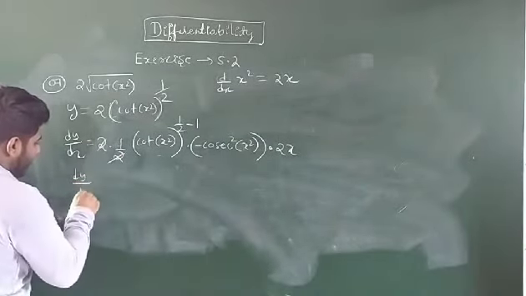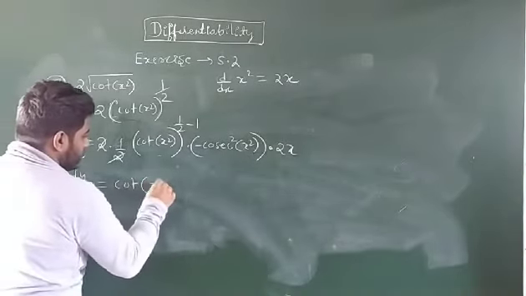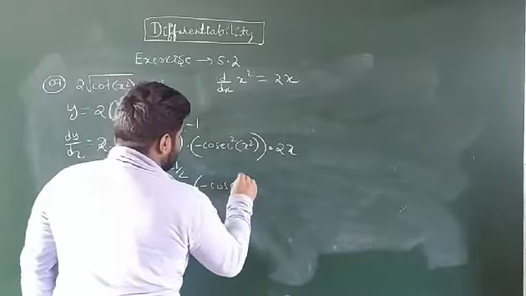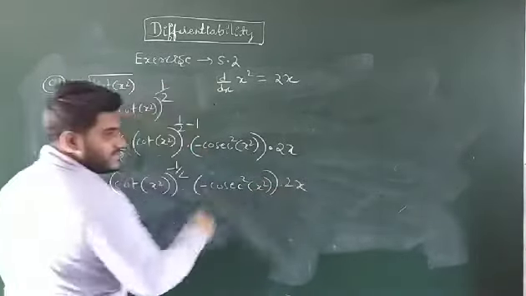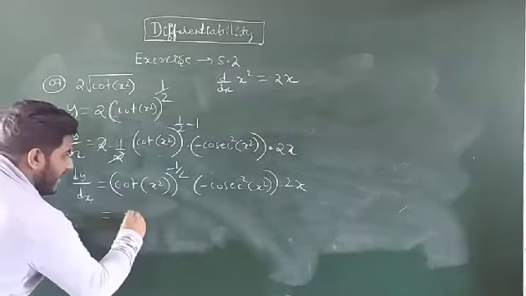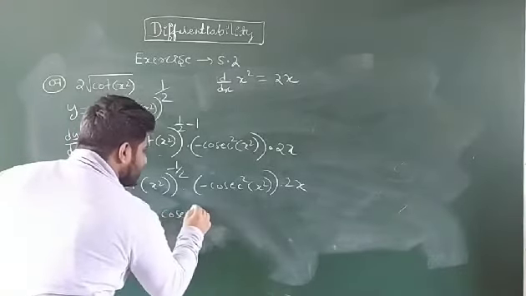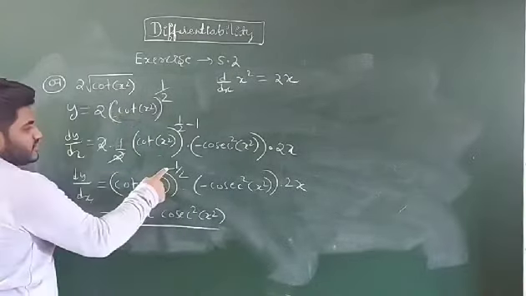So dy by dx equal to cot x square raised to 1 by 2 minus 1, which is minus 1 by 2. Then again the minus sign, minus cosec square x square into 2x. So take 2x here and the minus sign, minus 2x into cosec square x square, whole divided by cot x square raised to 1 by 2.